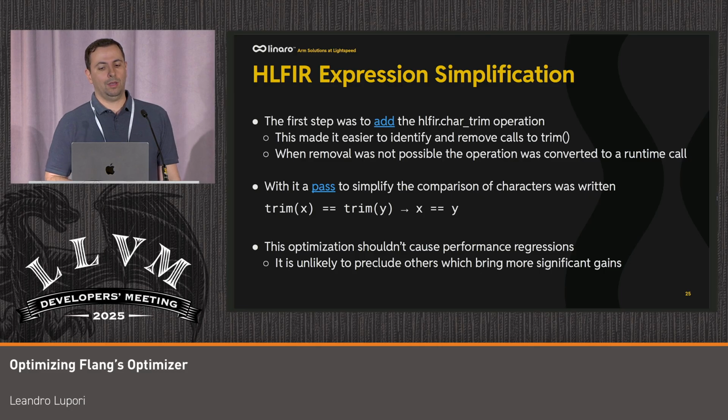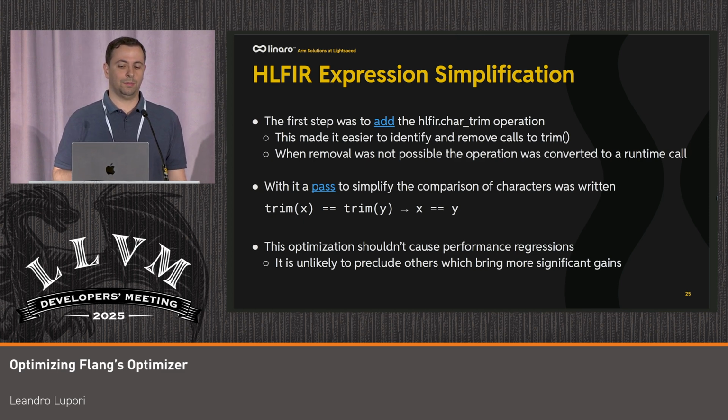With it, I have written a pass to simplify the comparison of characters that can basically be summarized in the following expression, where the comparison of 2 trimmed strings becomes the comparison of the strings themselves.